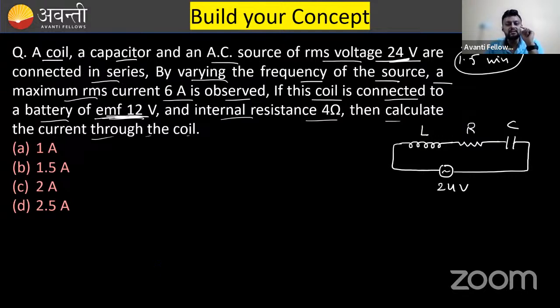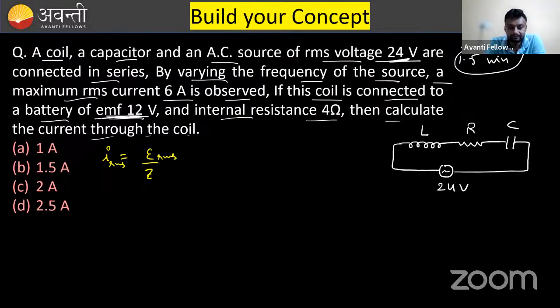And in resonance, the effective resistance or the impedance of the circuit is just equal to the resistance. So I is equal to, you know the formula, E over Z. And you are saying RMS, so I will say RMS EMF will be used.